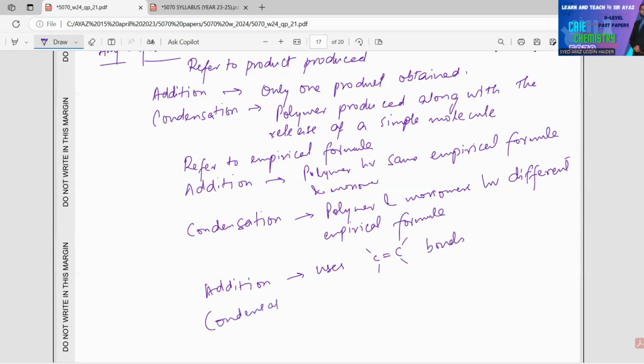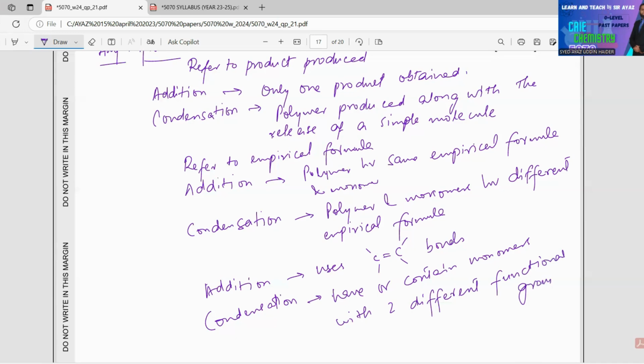Condensation contains monomers with two different functional groups.